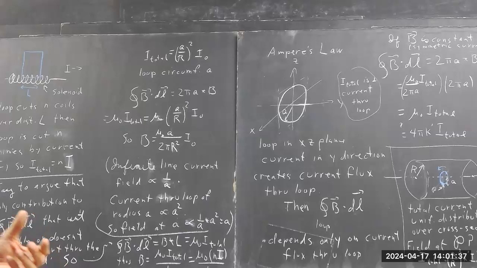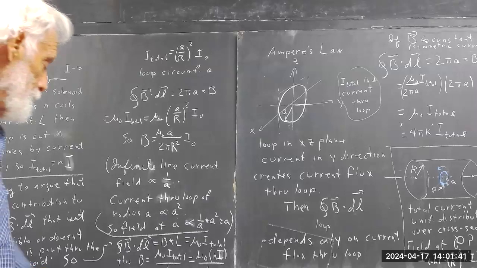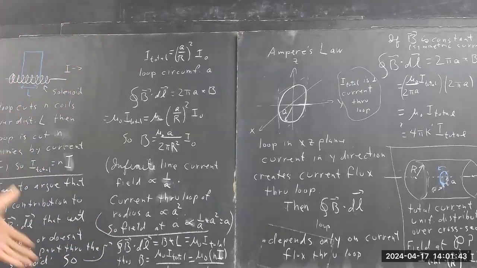Here I'm just using N as the number of coils that are cut, but this gives you a pretty simple argument for the field of a solenoid. That's a big deal. Okay, sorry for keeping you over.